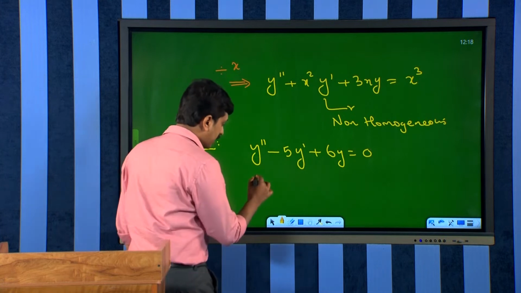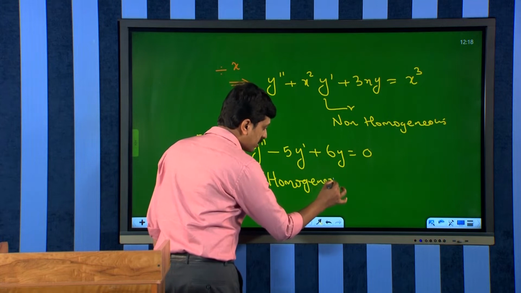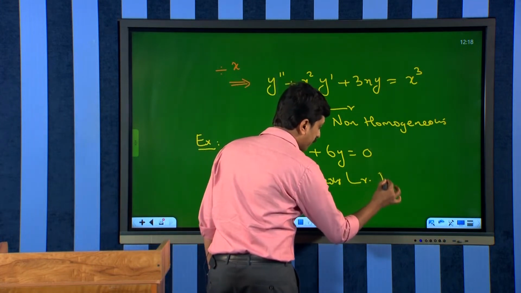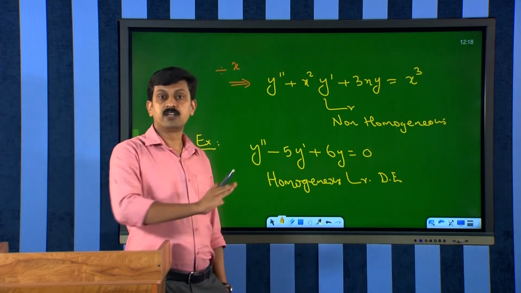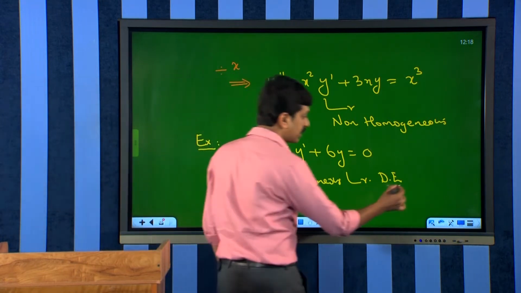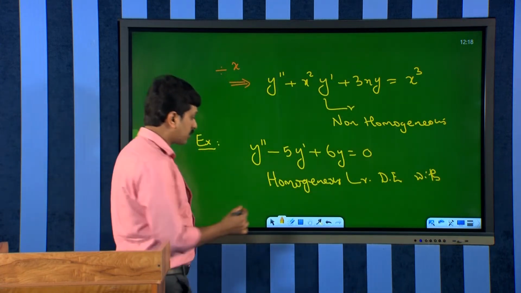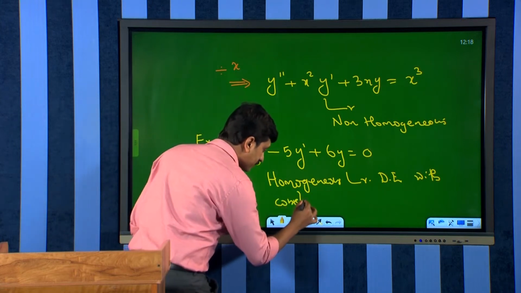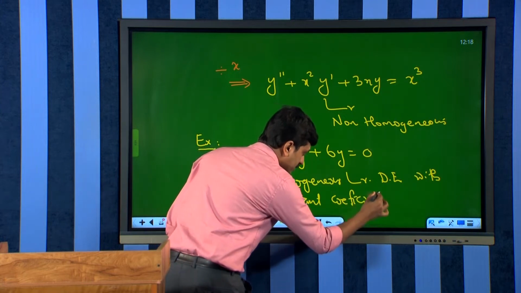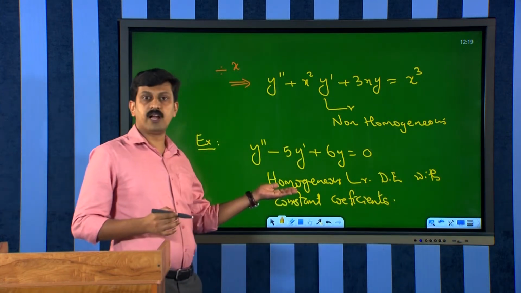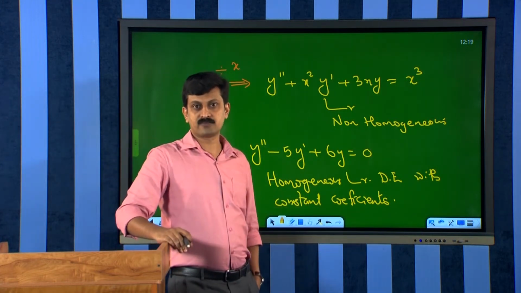So we can say that this is a homogeneous linear differential equation. Instead of functions in x, we have constants as coefficients: a linear second order differential equation with constant coefficients. This kind of differential equation we will discuss in our further sessions.